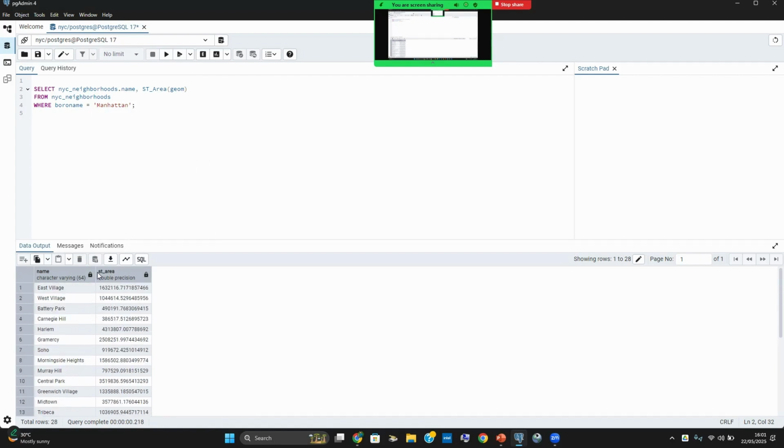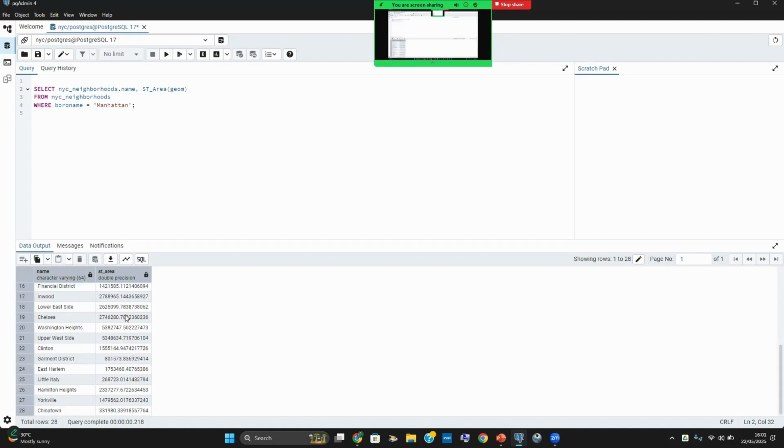And the other field here shows us the area, that would be in square meters, of those neighborhoods. But again, they're not in any order. And if they're not in any order, you can make modifications to the query to give it some sort of order.